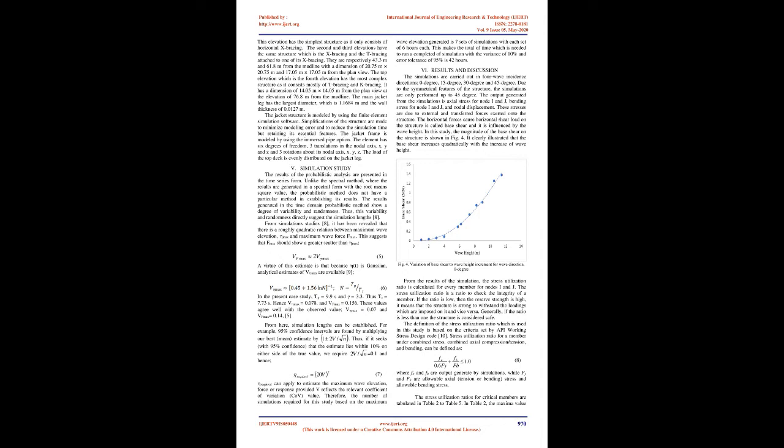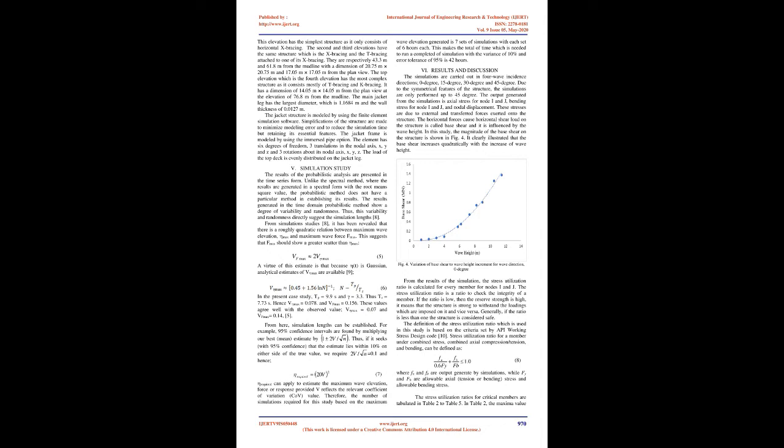This elevation has the simplest structure as it only consists of horizontal X bracing. The second and third elevations have the same structure, which is the X bracing and the T bracing attached to one of its X bracing. They are respectively 43.3 m and 61.8 m from the mudline with a dimension of 20.75 m times 20.75 m and 17.05 m times 17.05 m from the plan view.